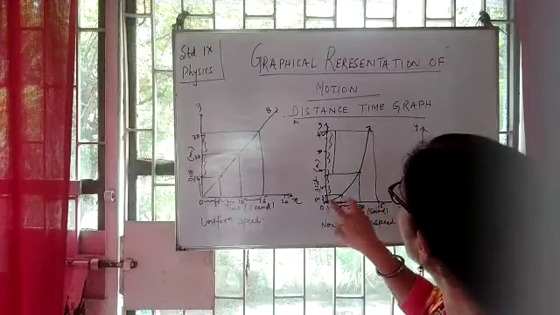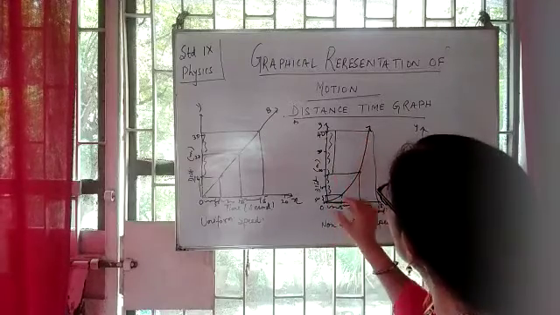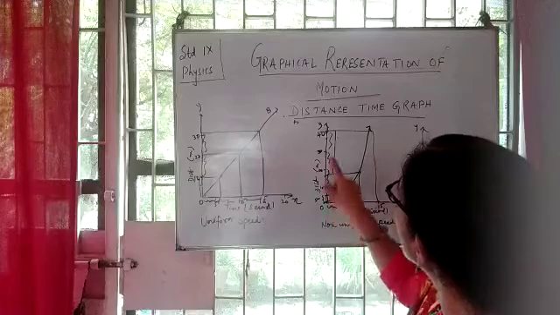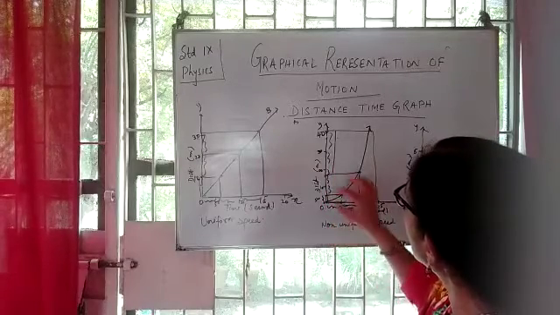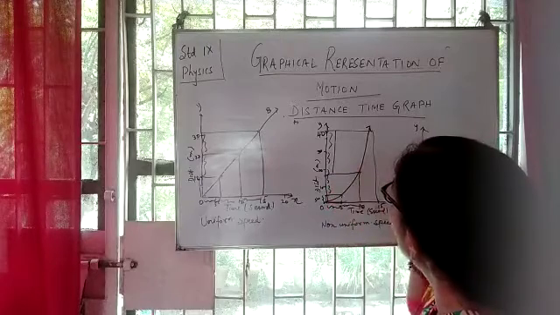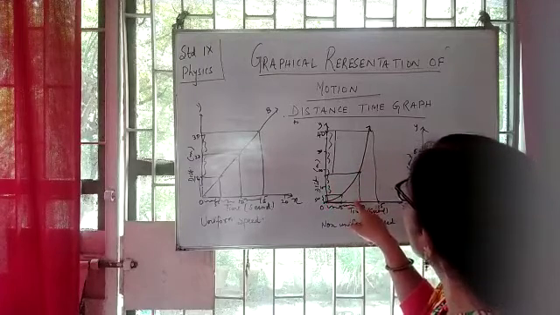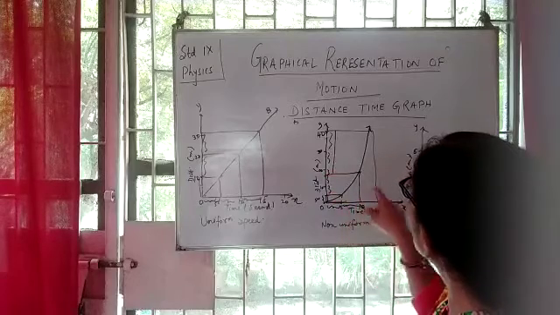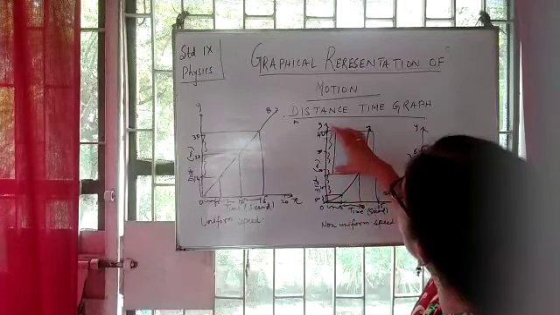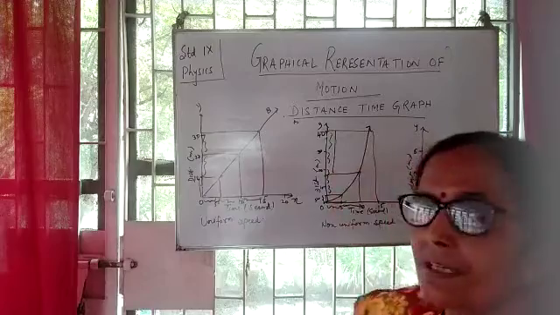It means the object here in this case is not covering equal distance in equal interval of time. In the first 5 seconds, it has covered a distance of 5 meters. In the second 5 seconds, it has covered a distance of 12 meters. And in the third 5 seconds, it has covered a distance of 23 meters.